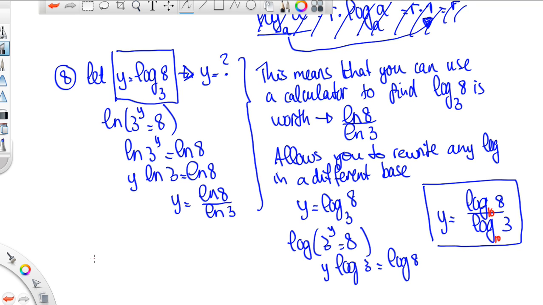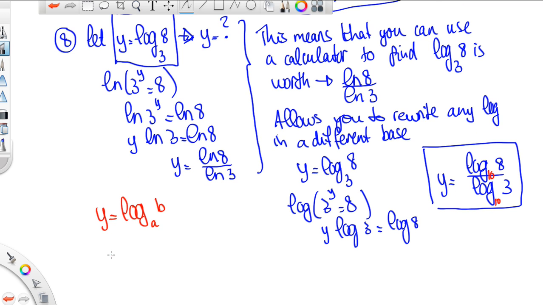So if you're given a log with a base a of a number b, you can write this as y equals the common log of b divided by the log of a, or any base that you want. So the b goes in the top.